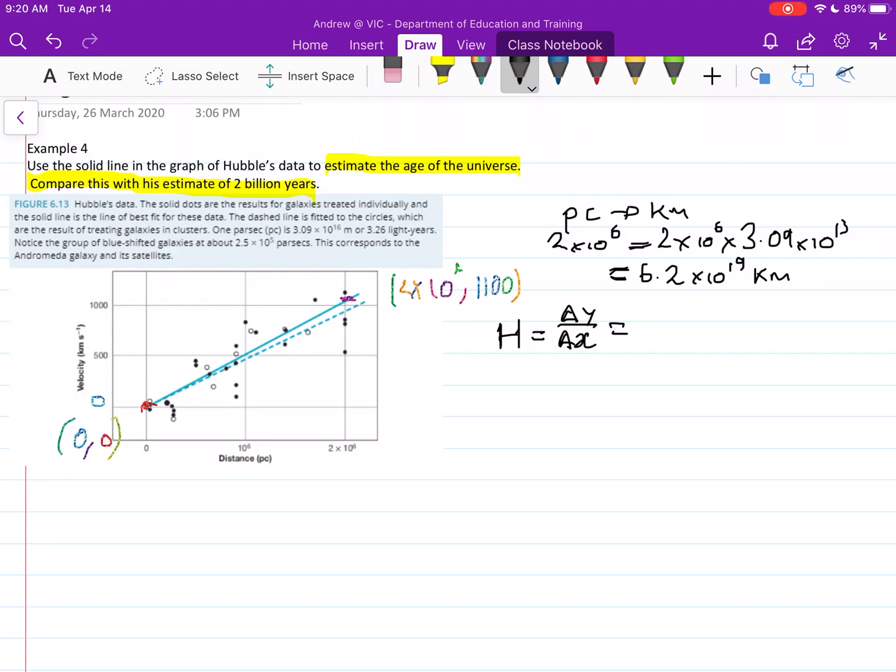So y, this goes from 1,100, take away 0, okay, y2 minus y1, and then our x2. Just remember, don't use 2 by 10 to the 6. Use this value here, 6.2 by 10 to the 19.